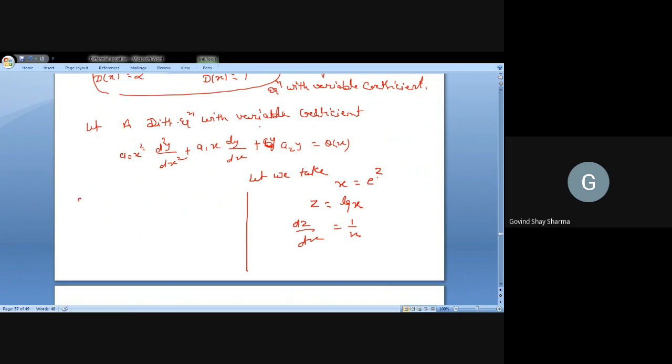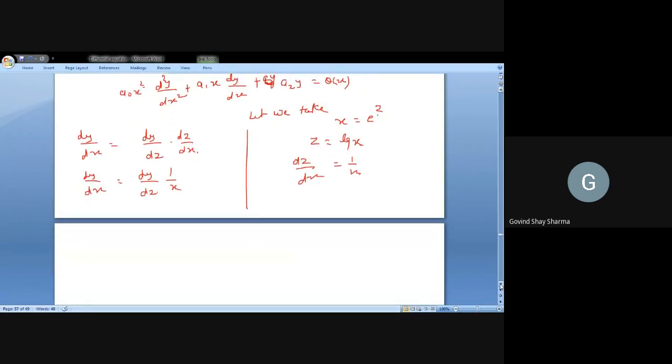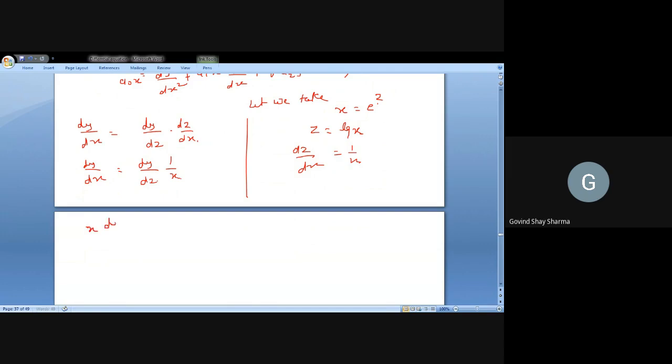Here we replace dy upon dx. We can write dy/dx as dy/dz times dz/dx, equal to 1 upon x, so x dy/dx is equal to dy/dz, and we take d upon dz here.